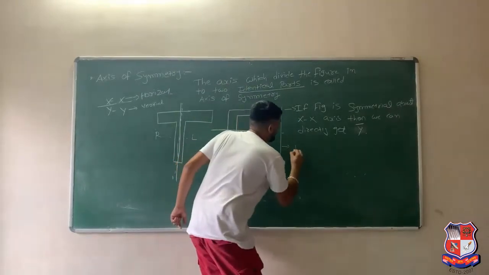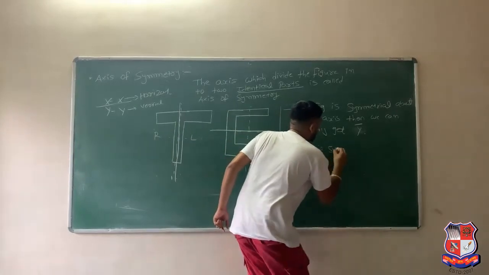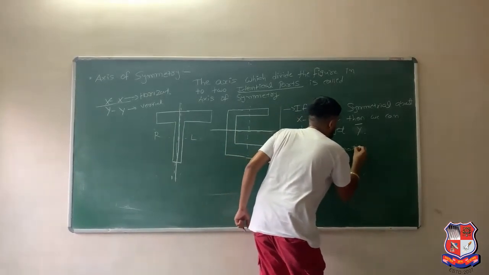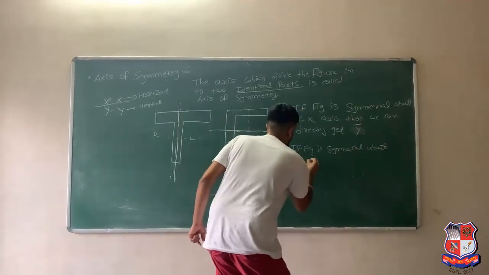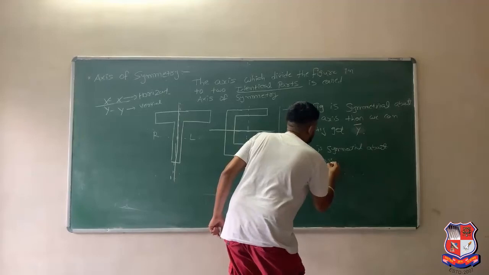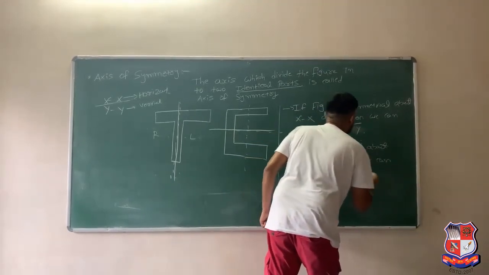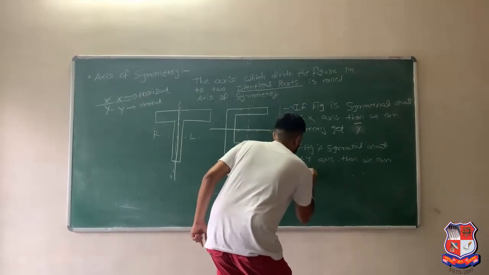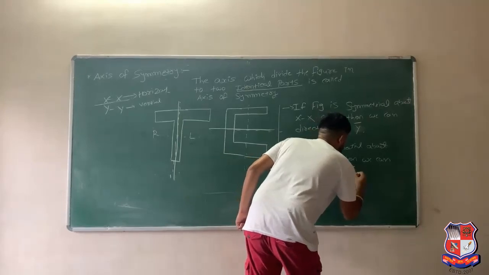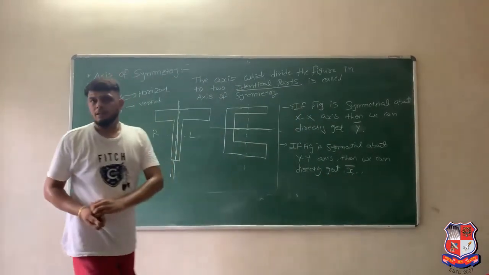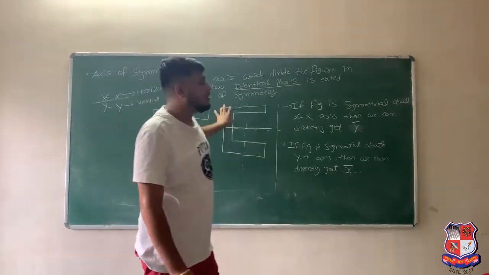And if the figure is symmetrical about the y axis, then we can directly get x bar. Clear? So this is the basic of axis of symmetry, and why we have to learn this.